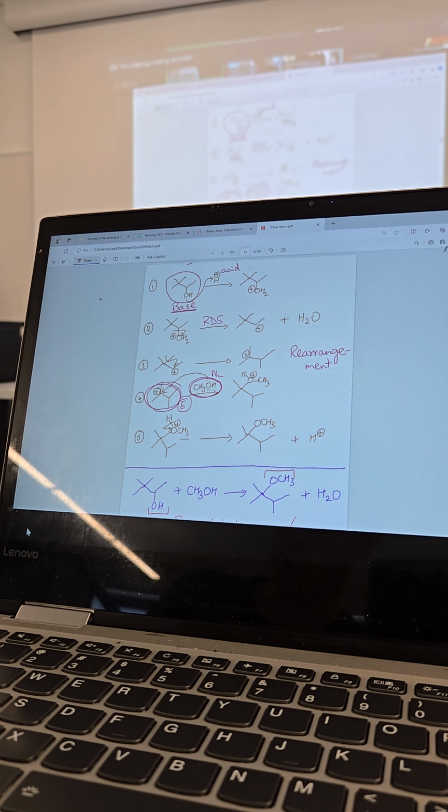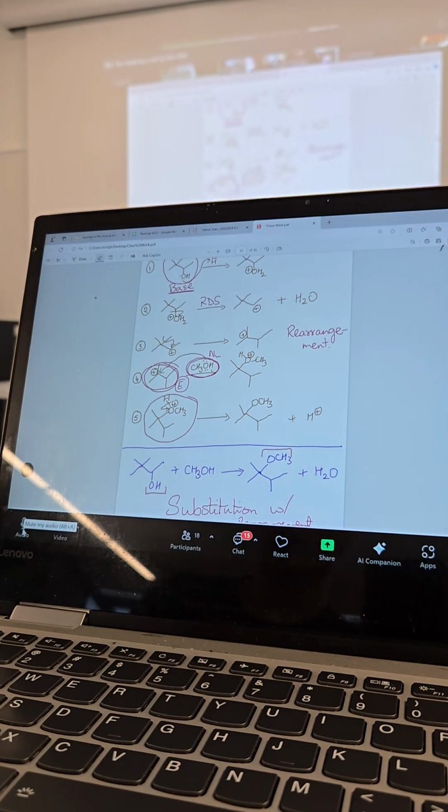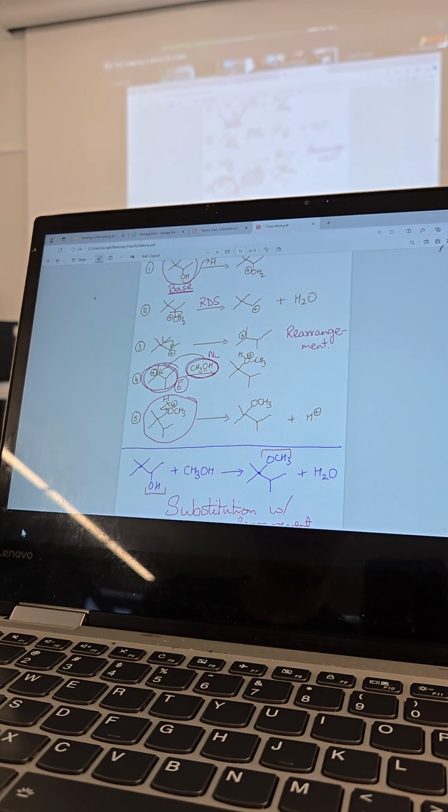Can you then tell me what is the role of this intermediate, or reactant, in step 5? What is it reacting as? Chemically, what is it reacting as? An acid? It's giving a proton.